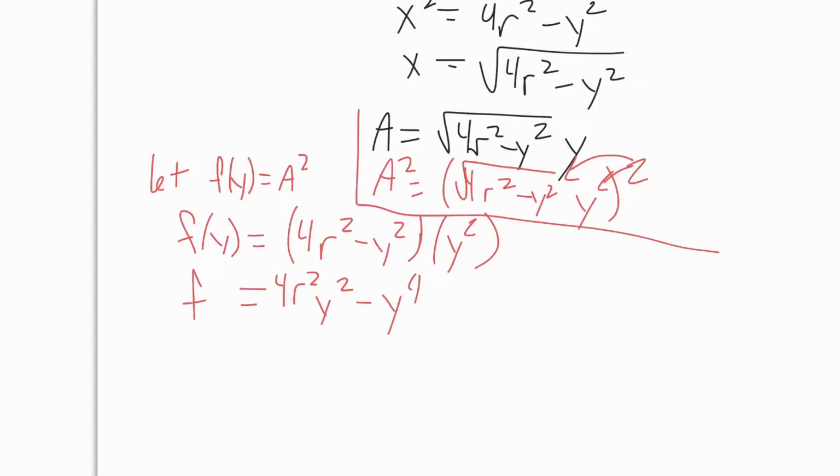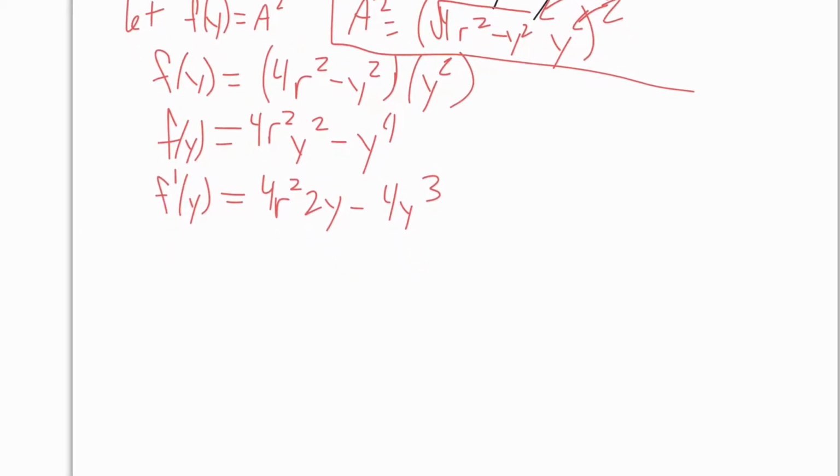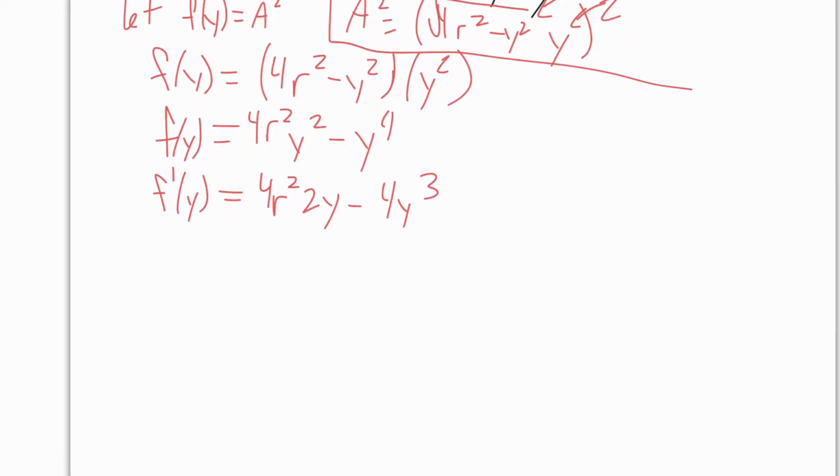So we've got our f of y equation, and we'll do the derivative. Again, the 4 is a constant, the r is a constant, so this will become 4r squared times 2y minus 4y cubed. Okay, well, we got definitely some factoring to do here. This is a little bit tricky. There looks like a 4 in common and a y, so we'll factor that out.